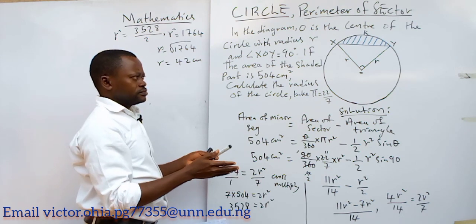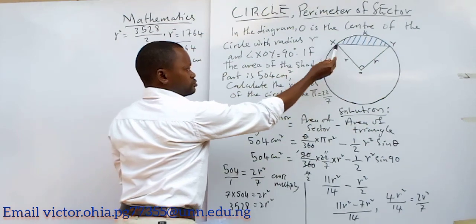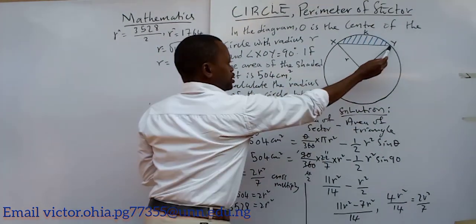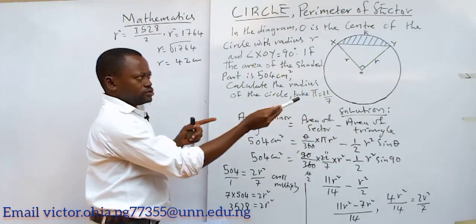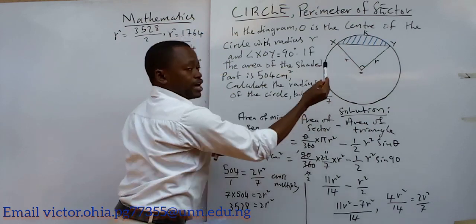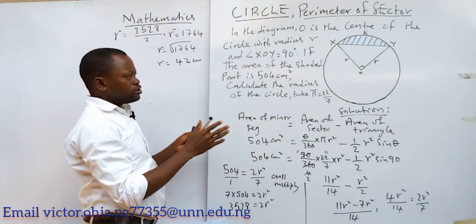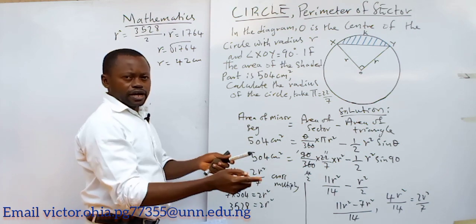That's perimeter. So when we are talking about the perimeter of that sector, you have to move like this, and then move like this. If you check what I just pointed out, you see radius, and an arc. So the perimeter of the sector is 2 radii plus the length of the arc.